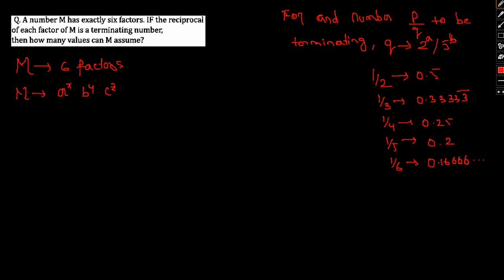Okay, 1 by 7, this is also a non-terminating decimal. You can try and divide it, you'll get a pretty lengthy number. Okay, it will go on and on that way.